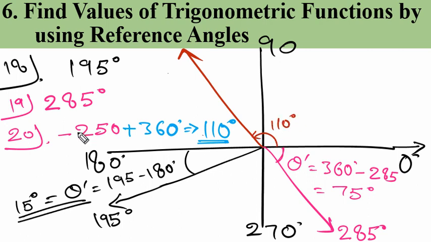So first step, if you have a negative angle, find the positive angle. How will you find the positive? You will do plus or minus 360, basically plus 360 if it is negative, to find the coterminal angle. Now draw counterclockwise and then check in which quadrant. So this time it is in quadrant 2.